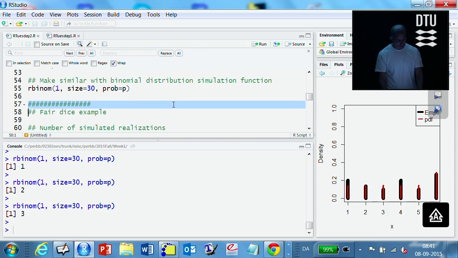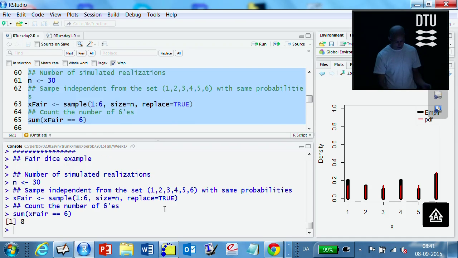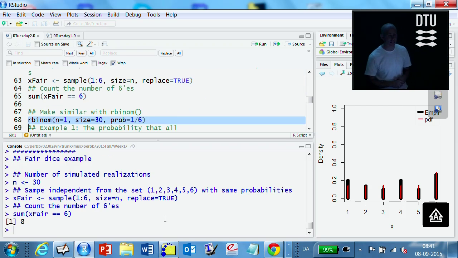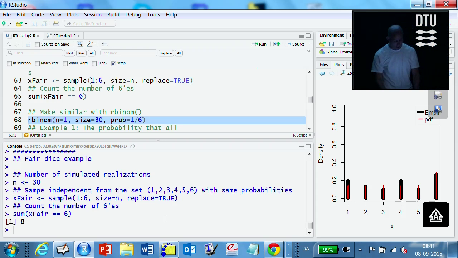What I just showed you on the slide was this fair dice example. For instance, the number of 6s out of 30 throws. I could also simulate that with the rbinom function. I could go 30 throws with a probability of 1/6 with rbinom, and then count how many 6s I get.